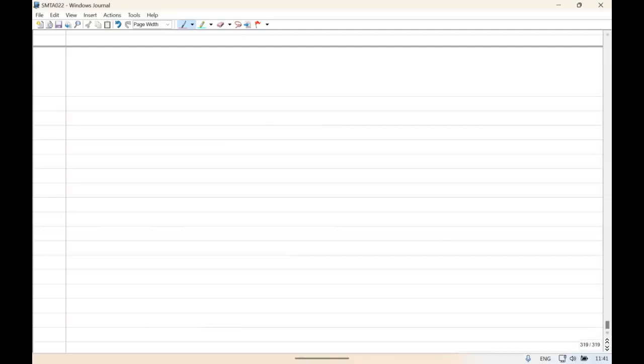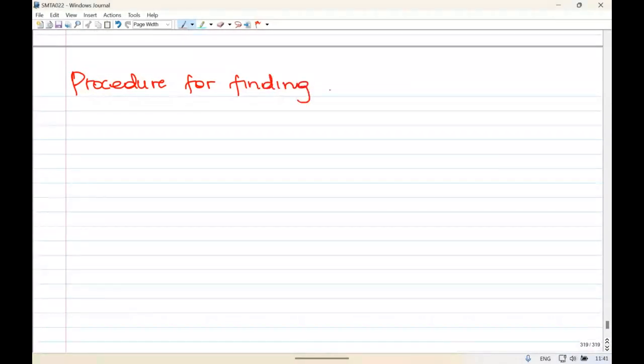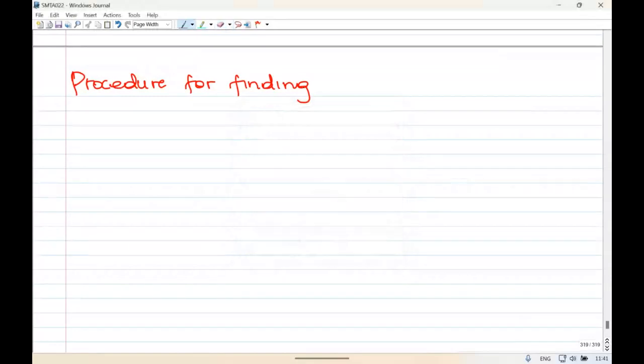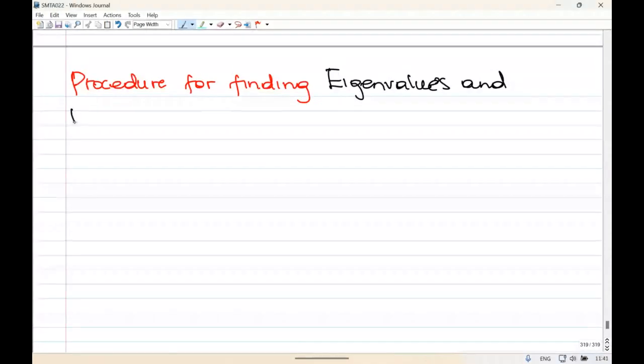Now, here is the most important part that you must know: the procedure that you are going to use to find eigenvalues and eigenvectors.